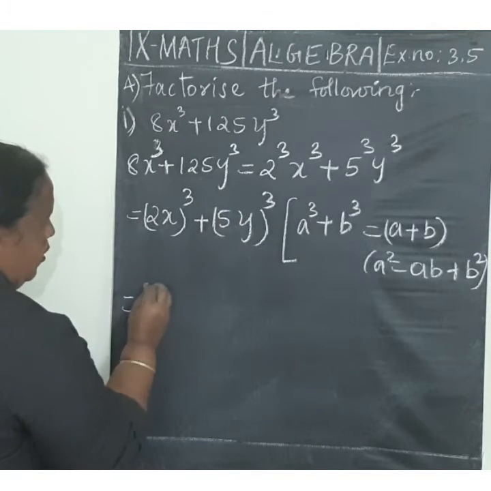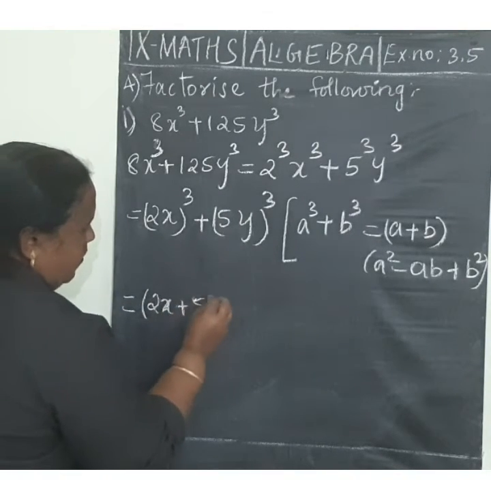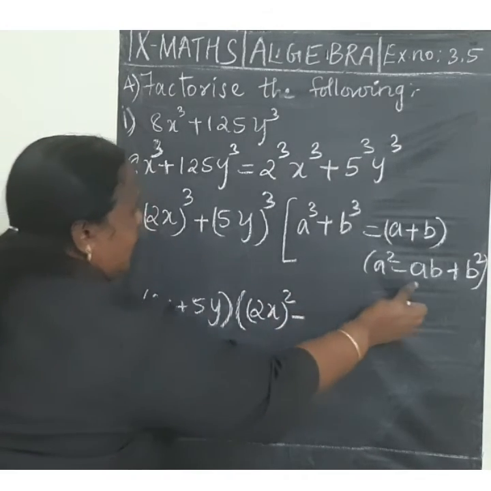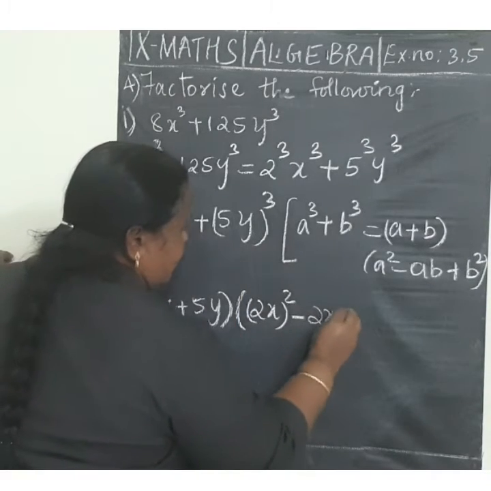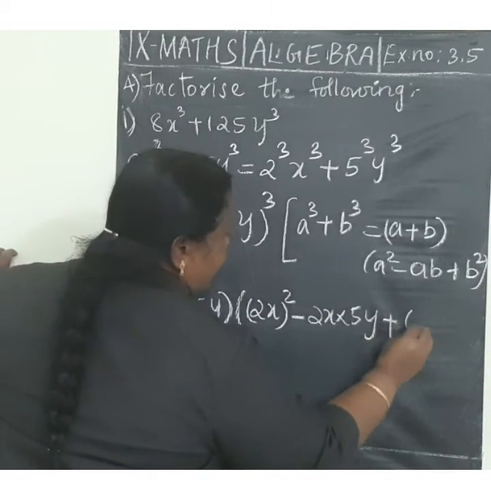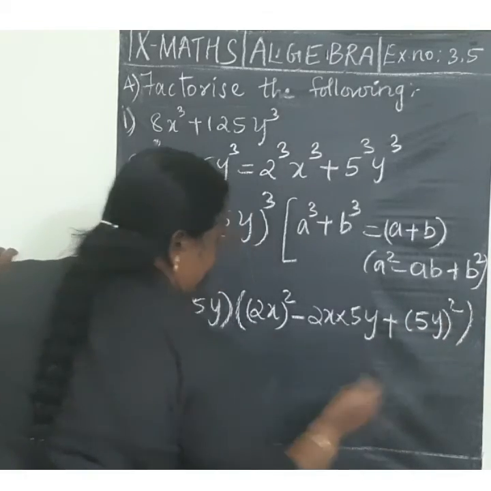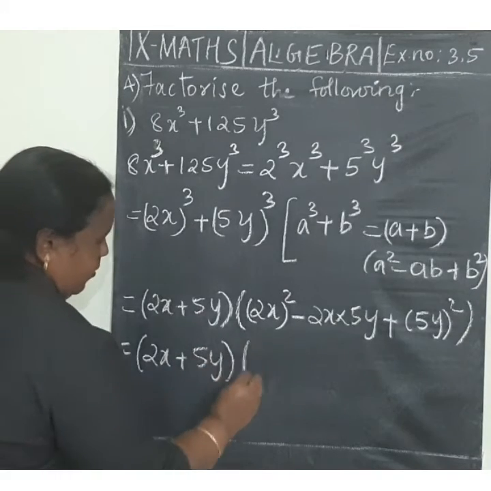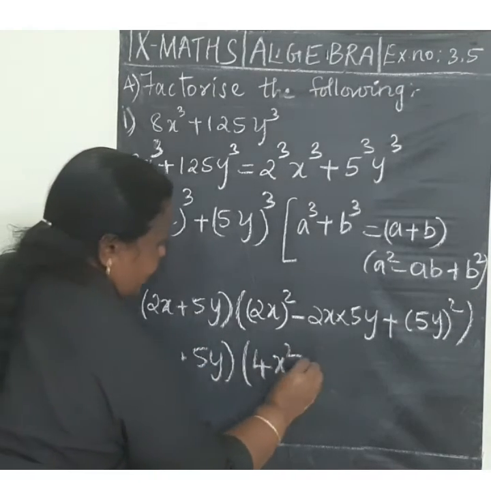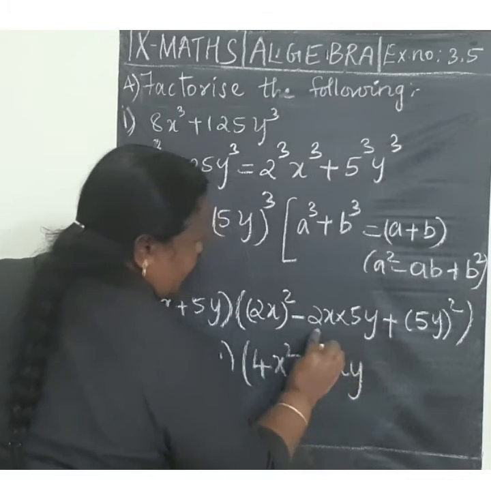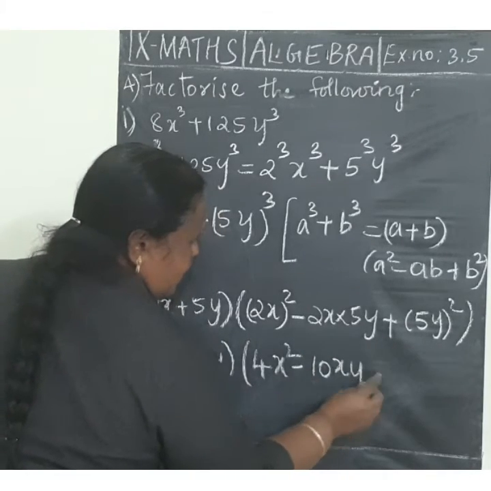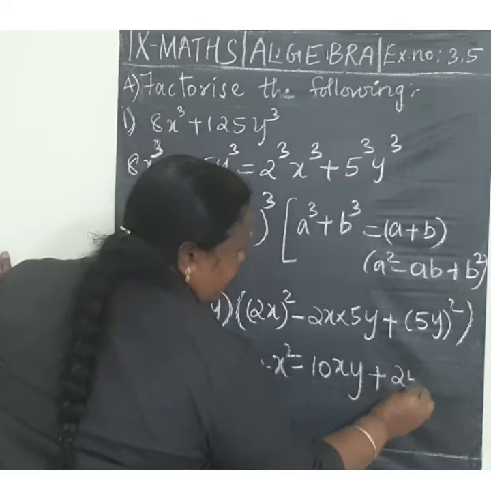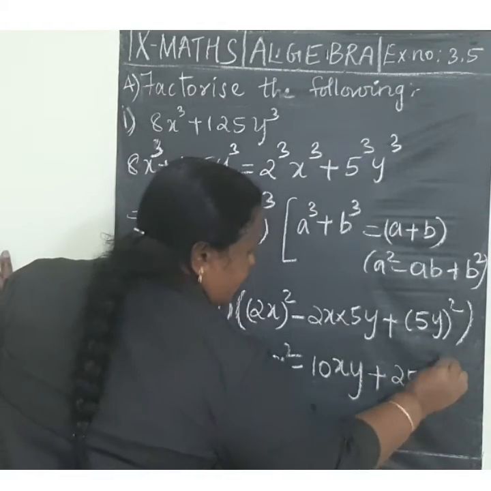So equal to (2x plus 5y) into ((2x) the whole square minus ab, so 2x into 5y, plus b is 5y, (5y) the whole square). So this is equal to (2x plus 5y) into (4x square minus 10xy. 2 5s are 10, x into y, xy. So 10xy plus (5y) the whole square, which means 5 if we square it, we will be getting 25y square).